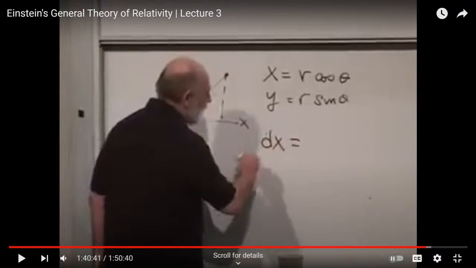So you have two variables, r and theta, so you need to deal with both of them simultaneously. There has to be a dr component and a d theta component.